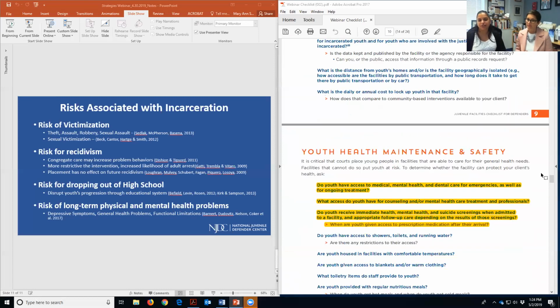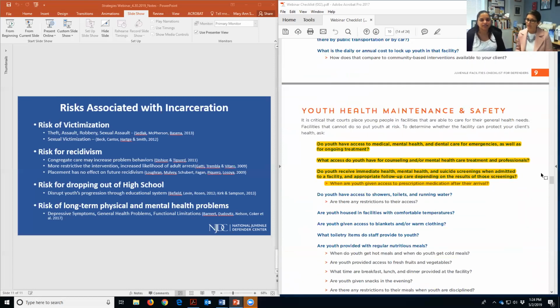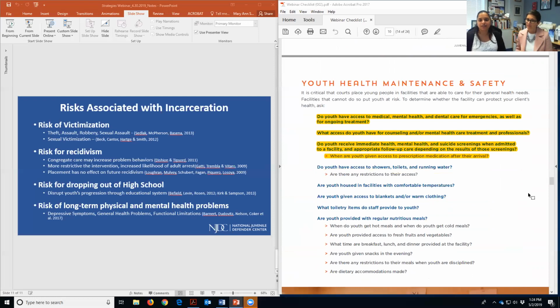I'm going to keep scrolling down to youth health, maintenance, and safety. So do youth have access to medical, health, and dental care for emergencies as well as for ongoing treatment? Given the high level of prevalence that our young people face, especially when it comes to mental health, we know that it's important for ongoing care and for initial diagnosis when they're in the detention facility. How quickly after they are placed in a facility are they getting access to the prescription medications that they need?